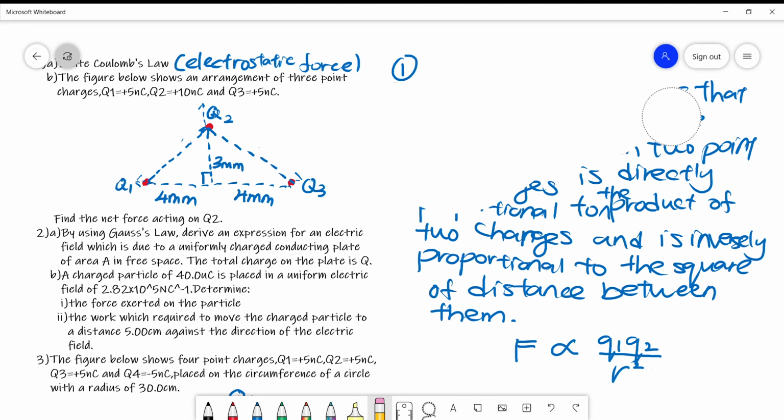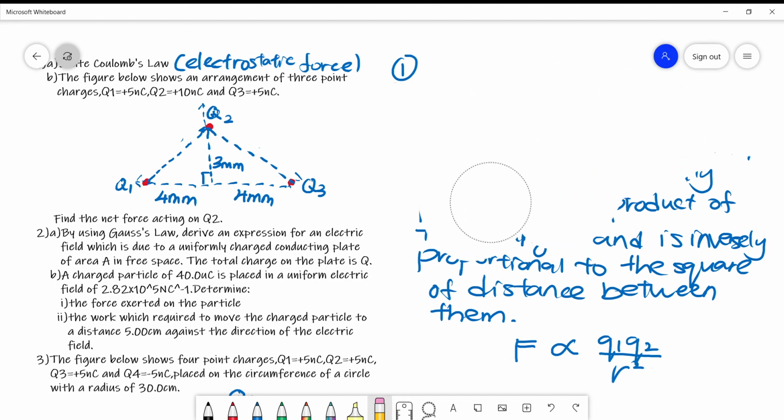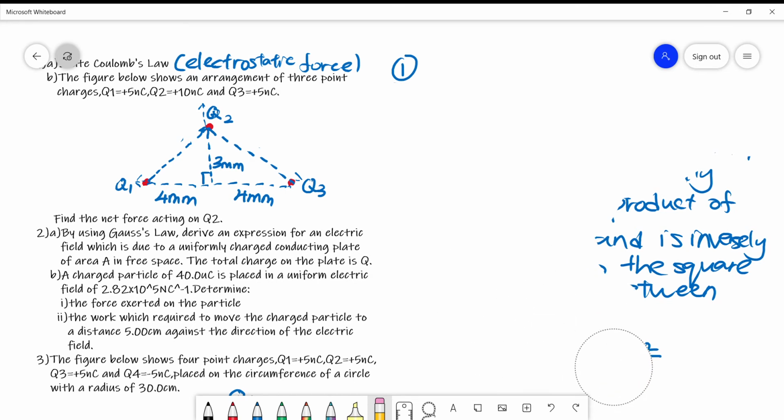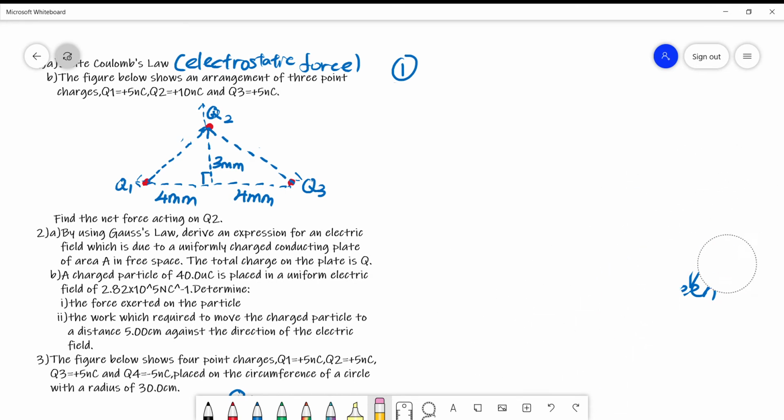So let's proceed to part B. The figure below shows the arrangement of three point charges. Q1 is positive 5 nanocoulomb, which is 5 times 10 to the power negative 9 coulomb.